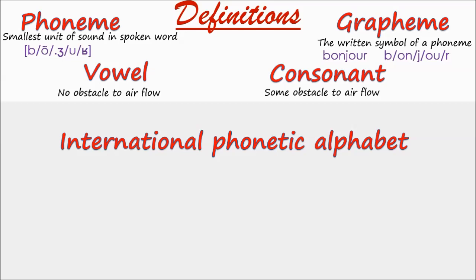So at some point, some professional linguists decided it would be a good idea to come up with a standard system so that learners of a foreign language knew what sound they were supposed to be creating without having to refer to an approximation in their own language.